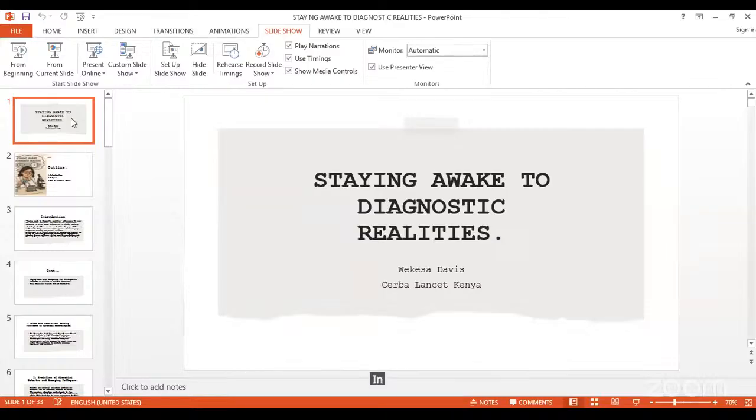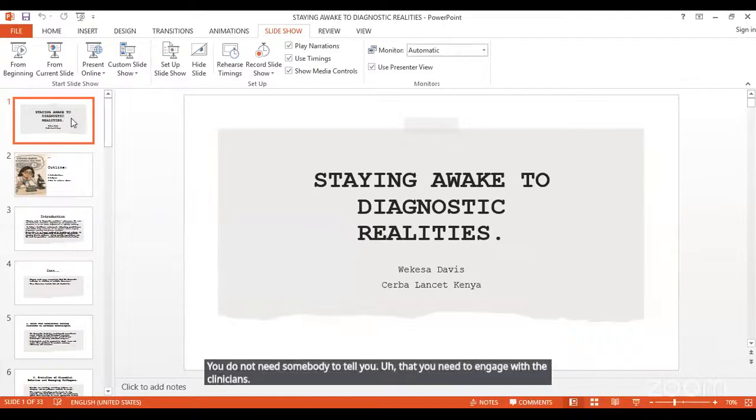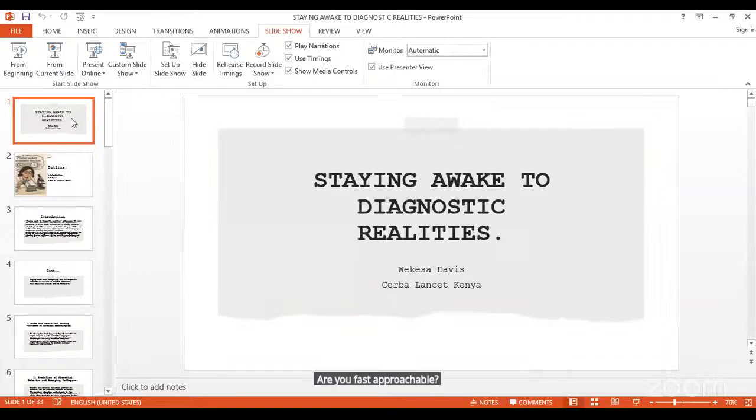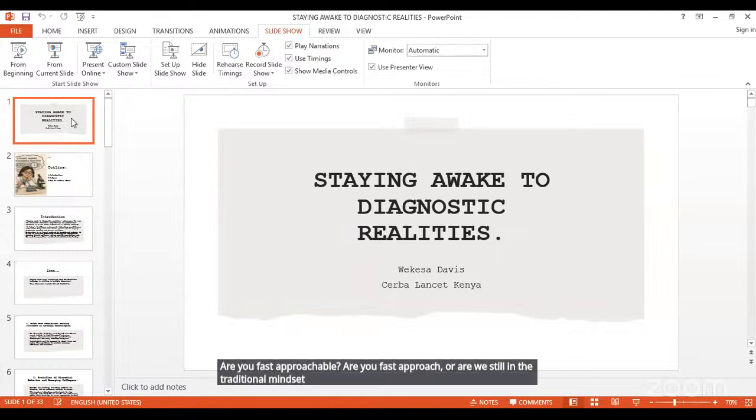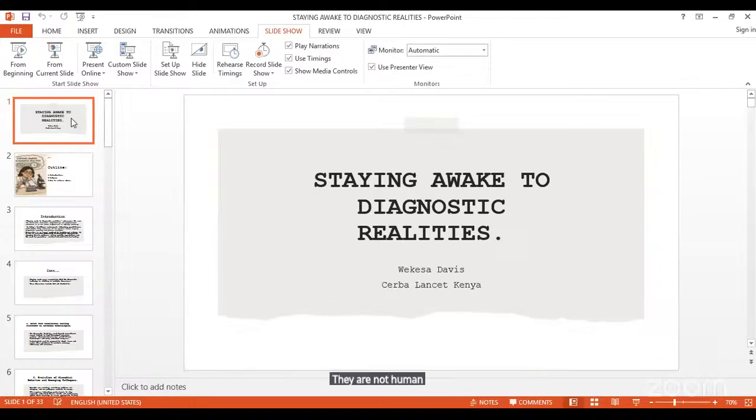In terms of clinical decision-making, engagement with clinicians, you do not need somebody to tell you that you need to engage with clinicians. Are you first approachable? Or are we still in the traditional mindset that those people only speak with samples? They are not humanly oriented.